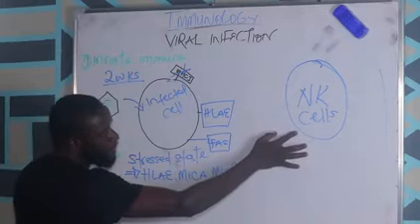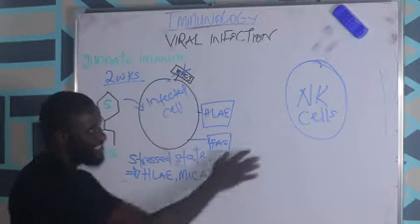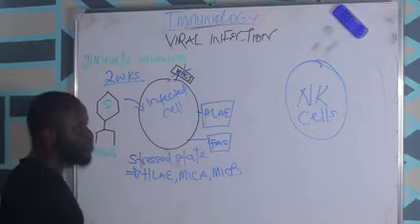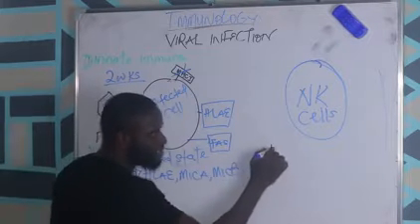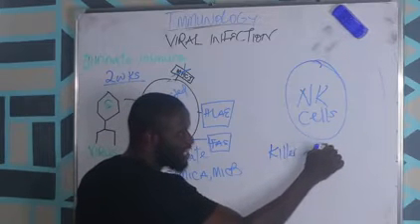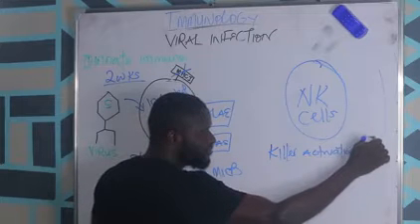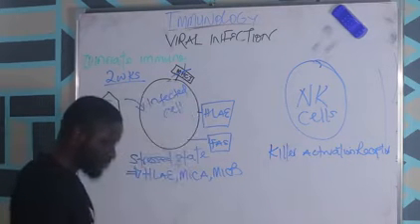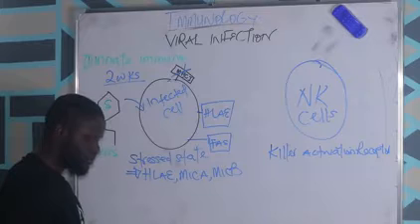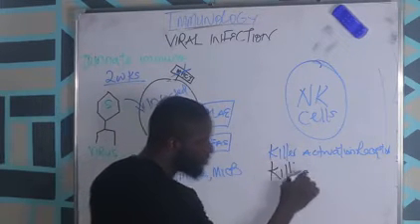The natural killer cells have two receptors. The first one, we call the killer activation receptor. The second one is the killing inhibitor receptor.